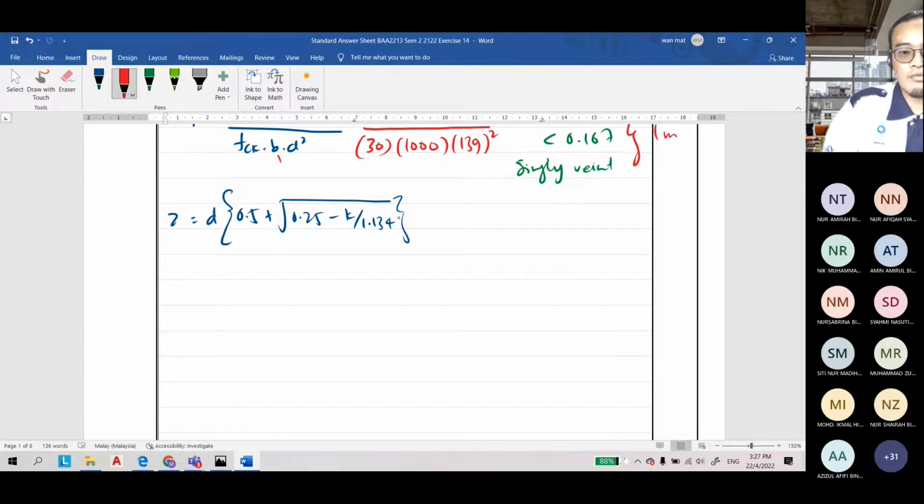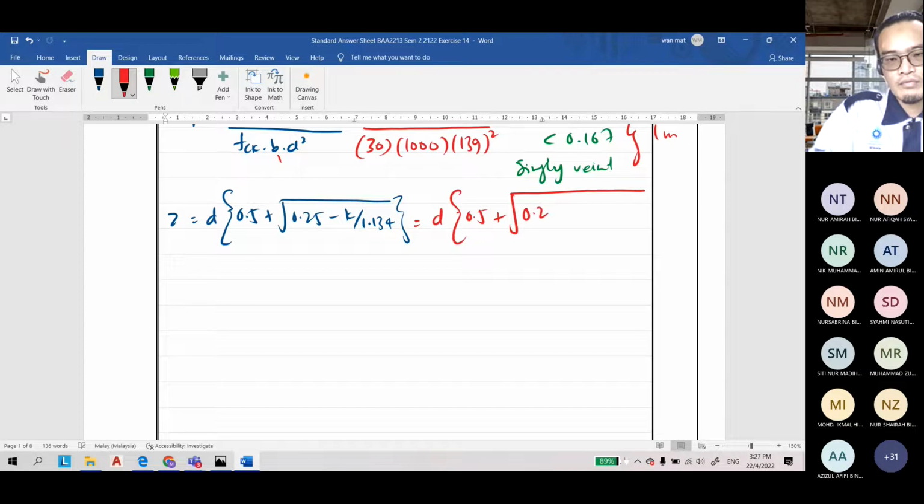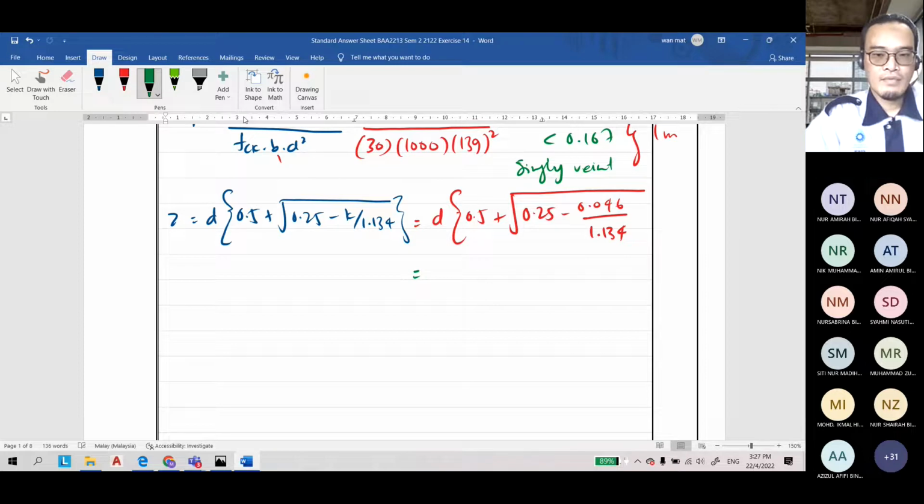So equal to D times 0.5 plus square root of 0.25 minus 0.046 divided by 1.134. Any answer? 0.96.